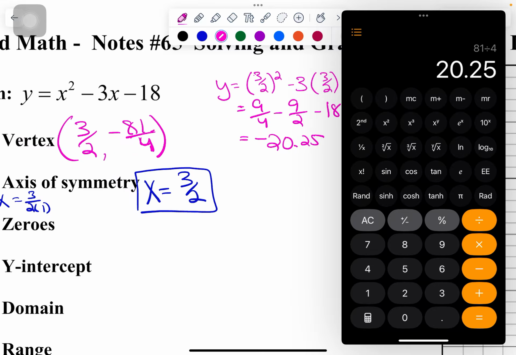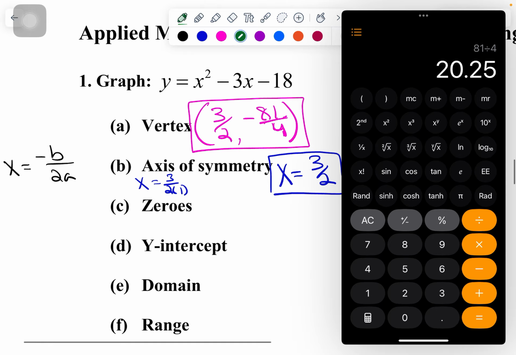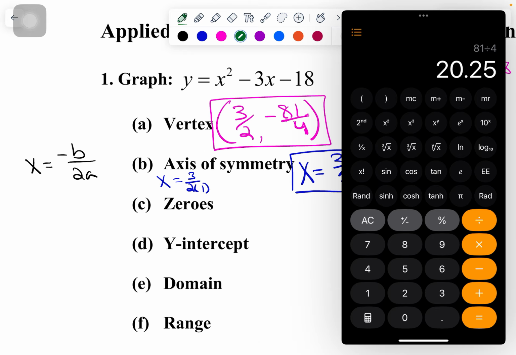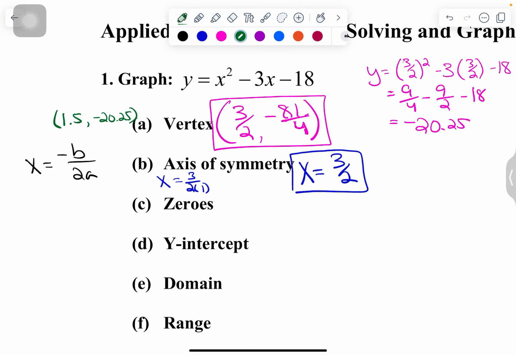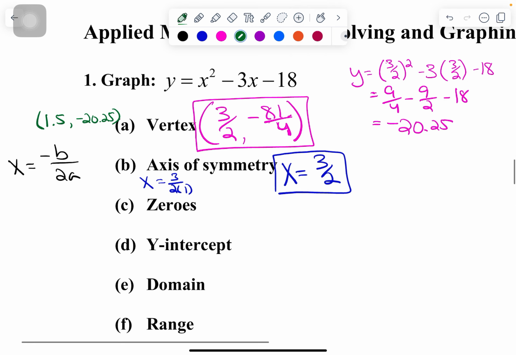As far as the actual graphing portion, I would convert both of these fractions into decimals. So 3 over 2 is 1.5, and negative 81 over 4 is negative 20.25. All right, let me make the calculator disappear. So I've got the axis of symmetry and the vertex.